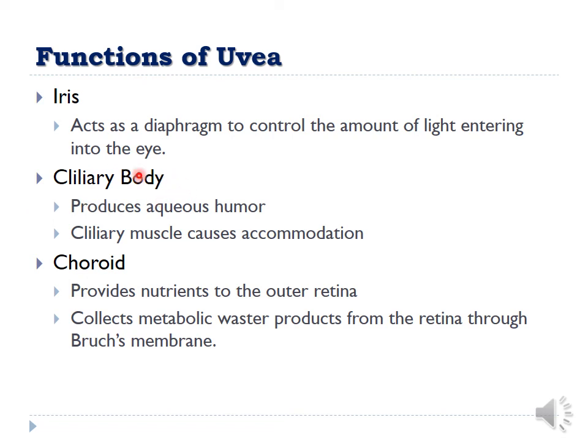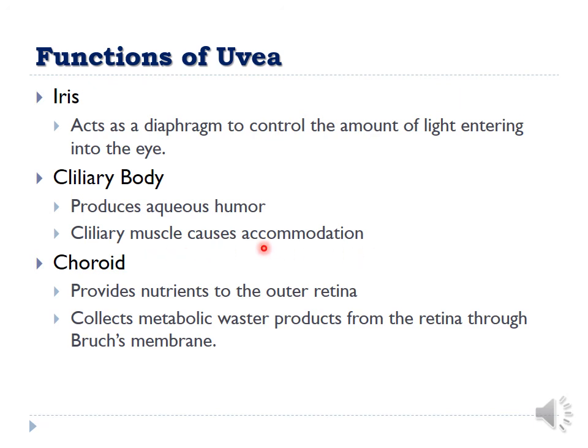The second part we learned is the ciliary body. Basically it has two functions. It produces aqueous humor; we learned that the ciliary processes in the ciliary body produce aqueous humor. It also has the ciliary muscle, which helps us with accommodation.